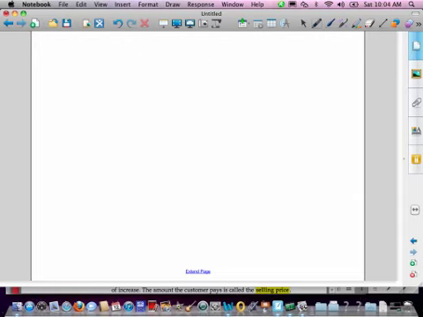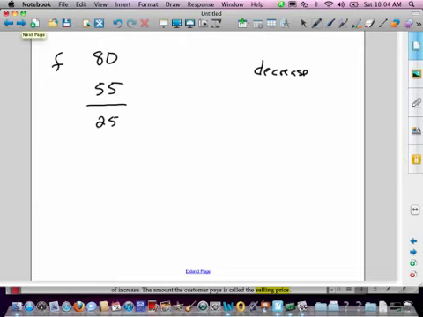All right, so let's do the last one. F starts at 80 and drops down to 55. So it got smaller. So you can say right away, hey, that's a decrease. I know that. My difference between those two, 80 minus 55, is going to give me 25. So 25 over 80. And at this point on this one, you can maybe use a calculator.